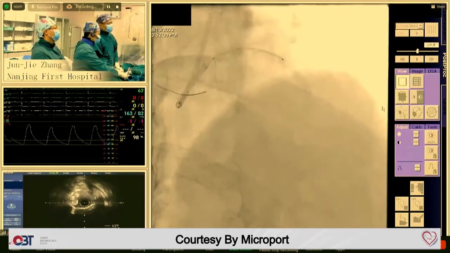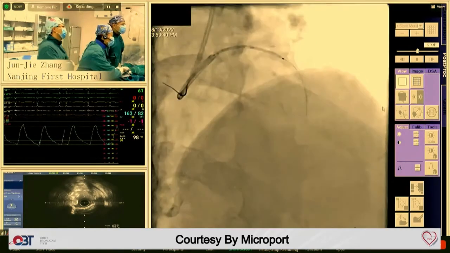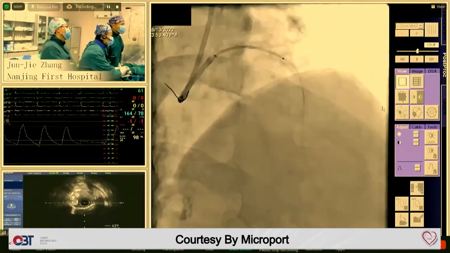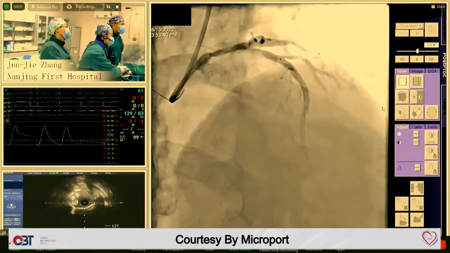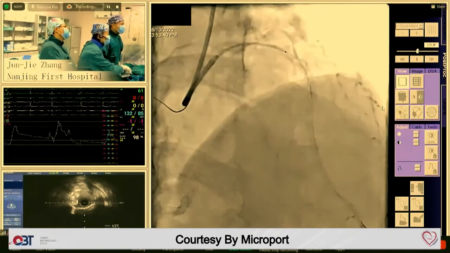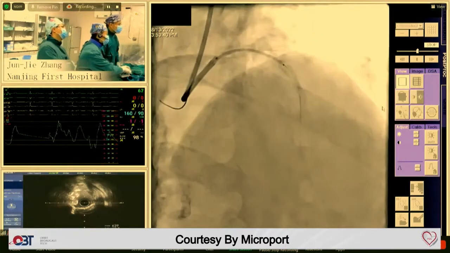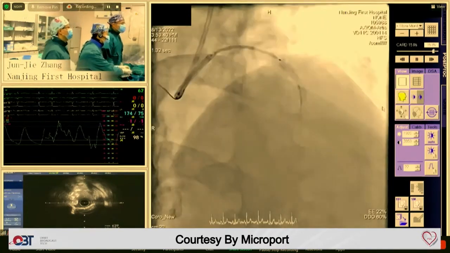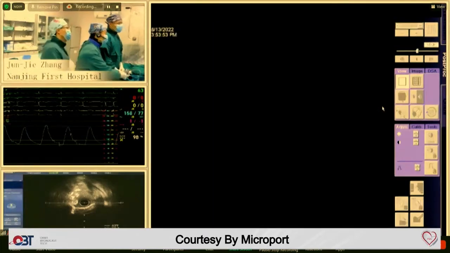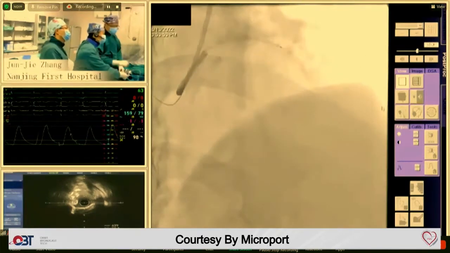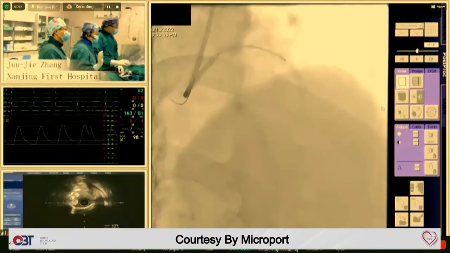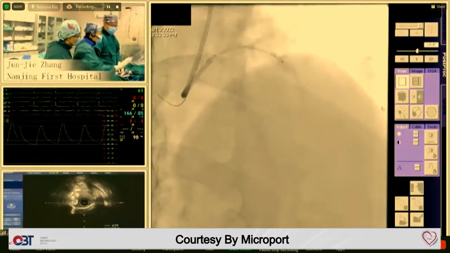Okay. So I highly suggest moving to the AP cranial view to identify the location of the ostial left main. Do you plan to cover the whole left main? Yeah, surely, because from the IVUS imaging, the left main has diffuse lesions.